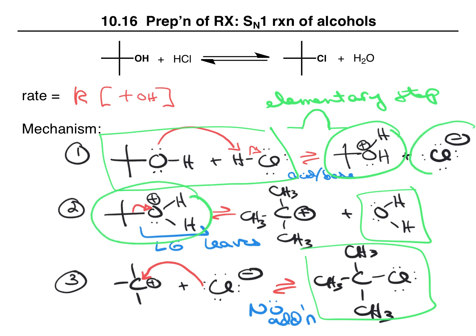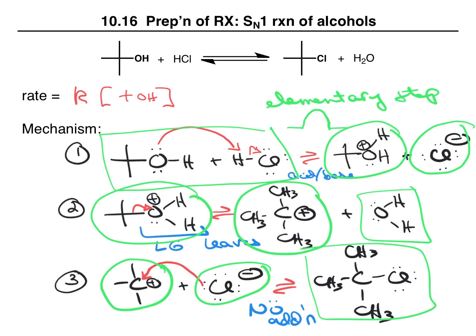This is an intermediate that's produced in step 1 and consumed in step 3. And this is an intermediate that's produced in step 2 and consumed in step 3. In addition to our overall reactants and products, we can think about the products of step 1, the reactant of step 2, and the products of step 2, the reactants of step 3, and the product of step 3.